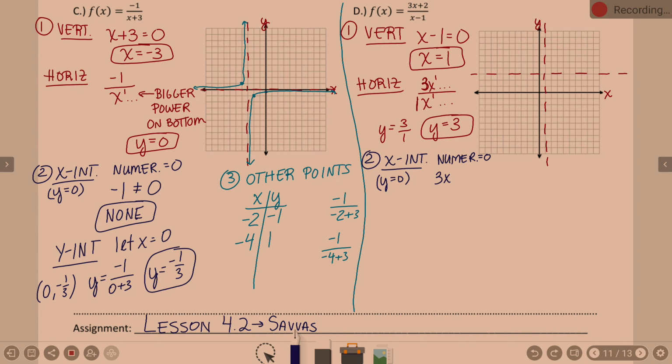So 3x plus 2 equals 0. Yeah, sorry, we've had lots of fractions. Subtract 2. 3x equals -2. Divide by 3, and x is -2/3. You can think of the ordered pair -2/3, comma 0 if you want. So if we go ahead and put that in, left 2/3 from the origin.